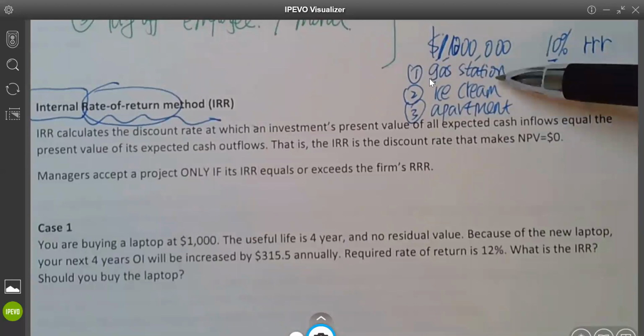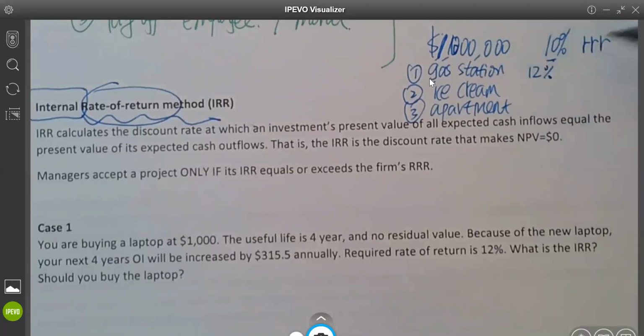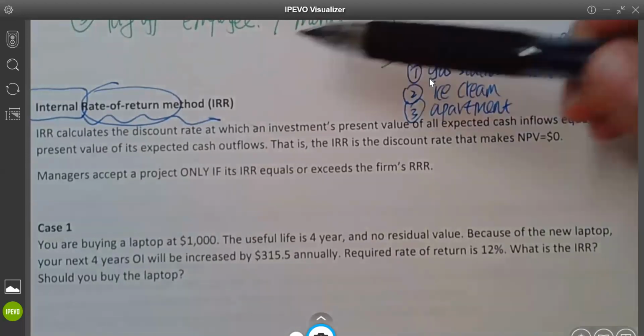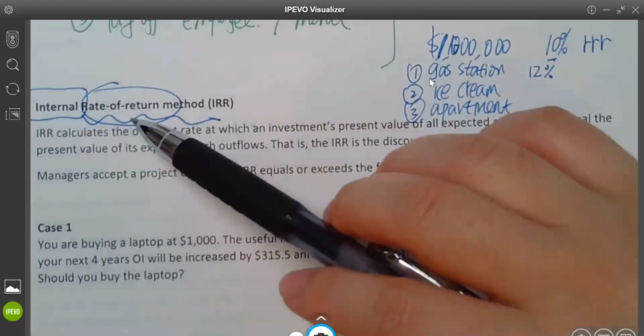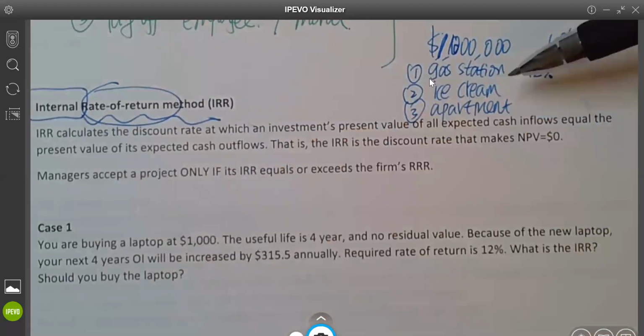So for the gas station, let's say you do all the calculation, you find out the internal rate of return for the gas station project, for the gas station department, is 12%. If the gas station project got 12%, that 12% is the internal rate of return. It's the internal rate of each specific project.